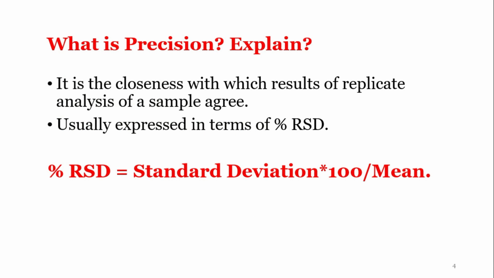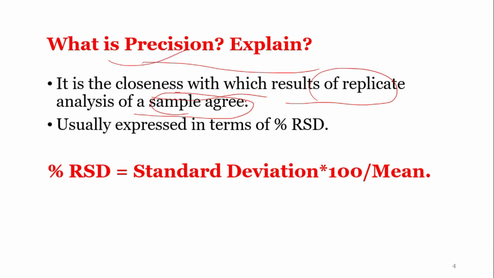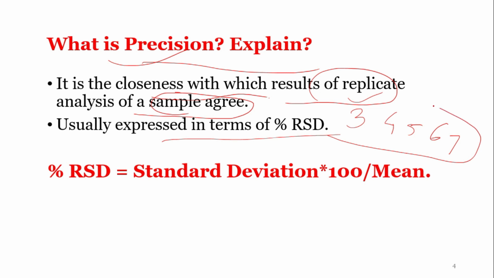So first, what is precision? It is the closeness with which results of replicate analysis of a sample agree. So you need to understand the meaning of precision: the closeness with which results of replicate analyses of a sample agree, usually expressed in terms of percentage RSD. Replicates can be 3, 4, 5, 6, 7, we can give any number of replicates.